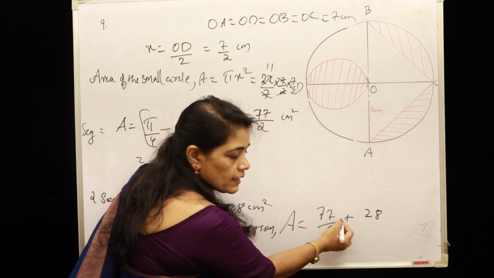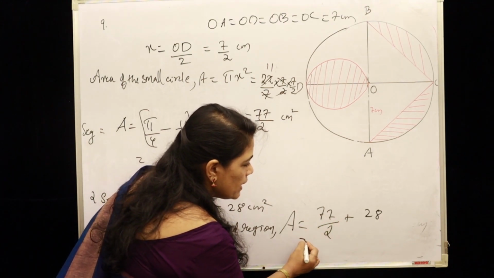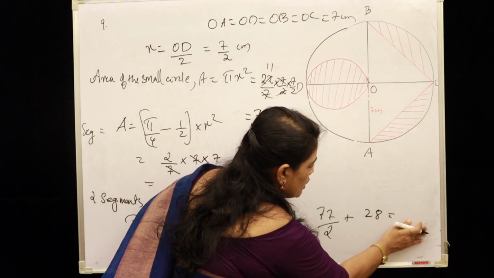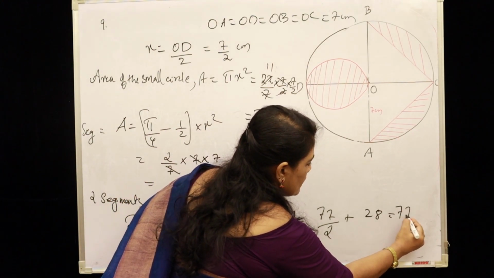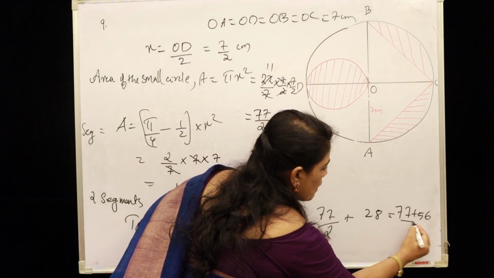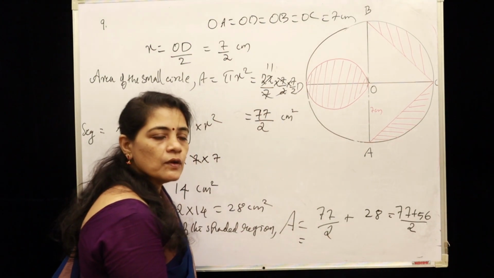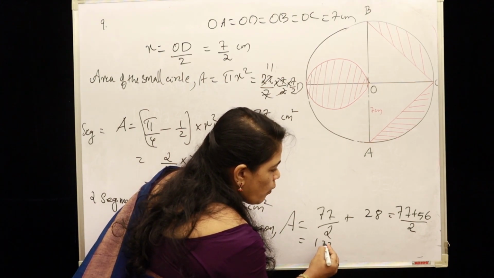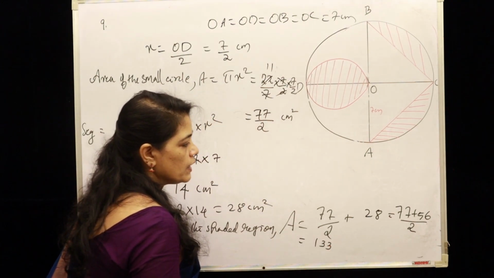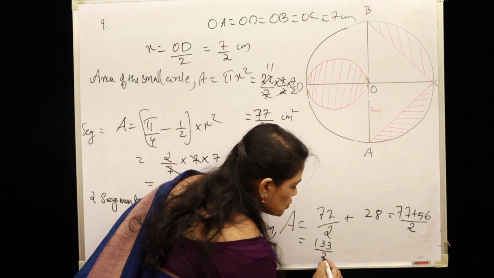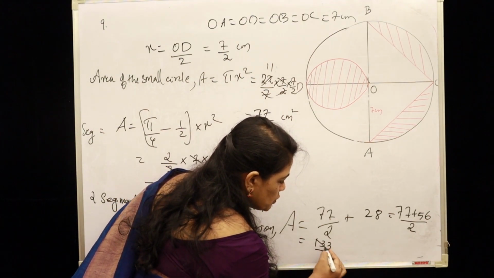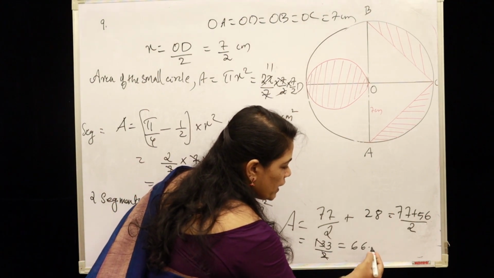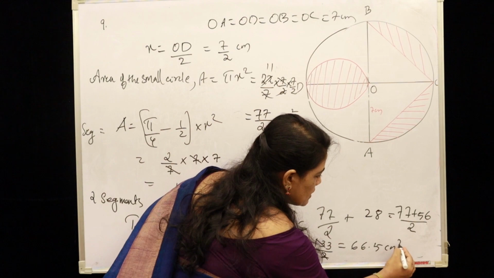And again they are connected by plus, so cross multiply. So this 2 into 28 is 56. That means this is equal to 77 plus 56 by 2. By adding, 3, 1 carry, 133, divided by 2, that is 66.5 centimeter square.